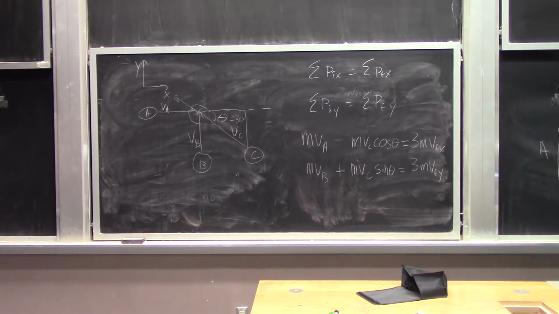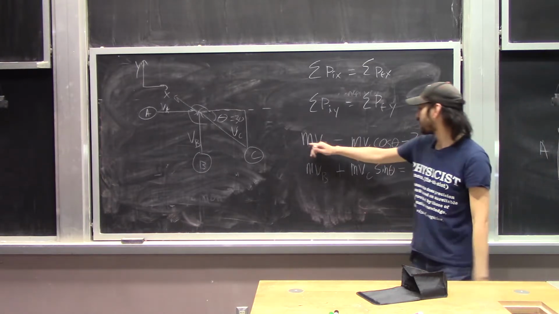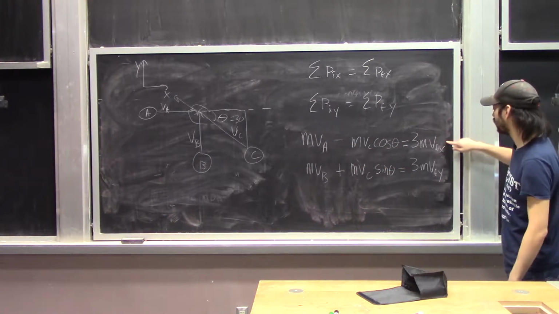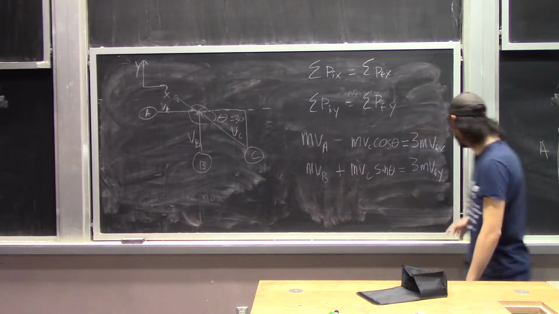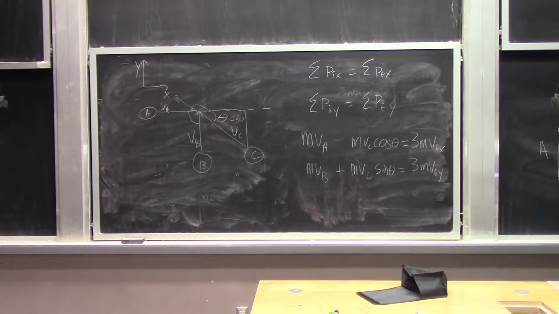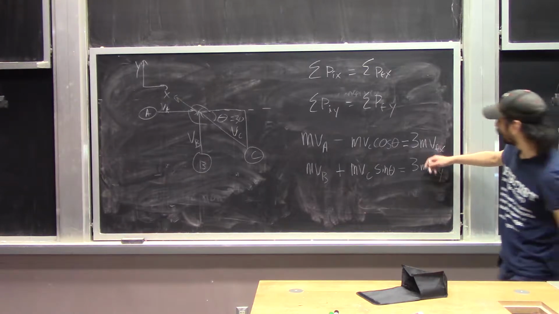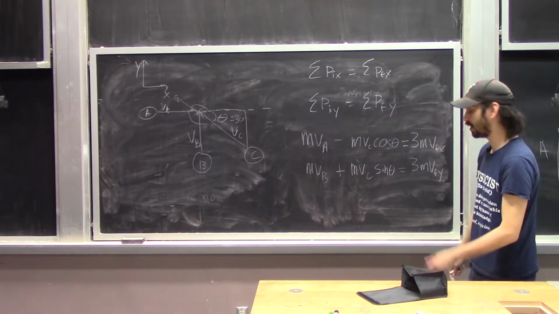Now, if we had wanted to solve this, we know everything in this equation except for the final velocity in x, and we know everything in this equation except for the final velocity in y. We just need to rearrange this to solve for that and then evaluate for the numbers that we have.